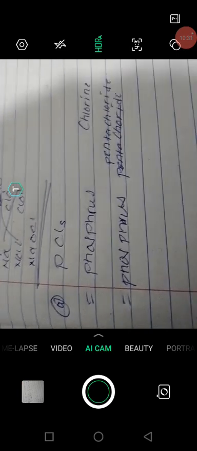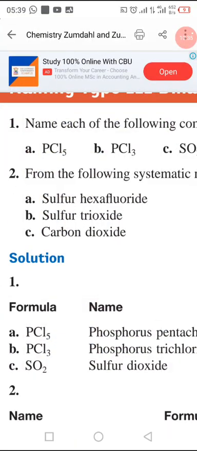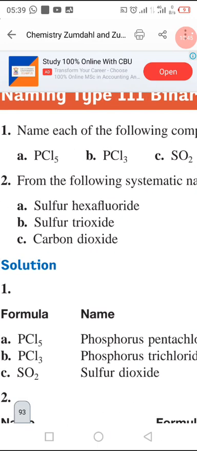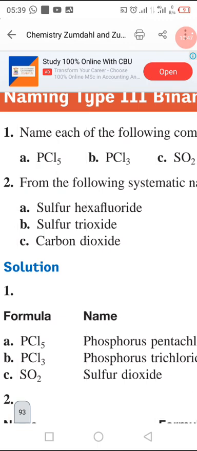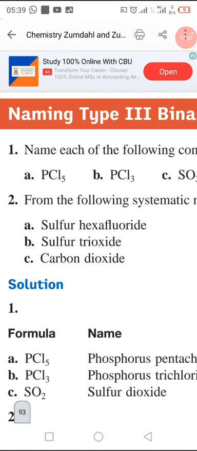Okay. What next? We've got also another compound, which would be phosphorus trichloride. What about this one? It would be sulfur dioxide, right? In this case, how are we going to name this one? This systematic name.